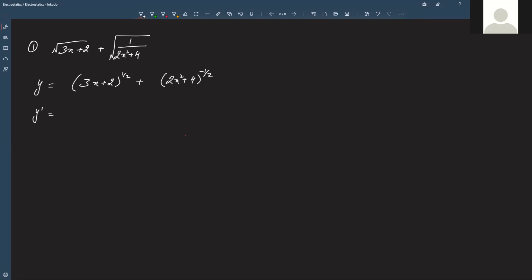y is equal to some function raised to power n. So y dash becomes n into the same function to the power n minus 1, and then differentiation of that function, that is chain rule.